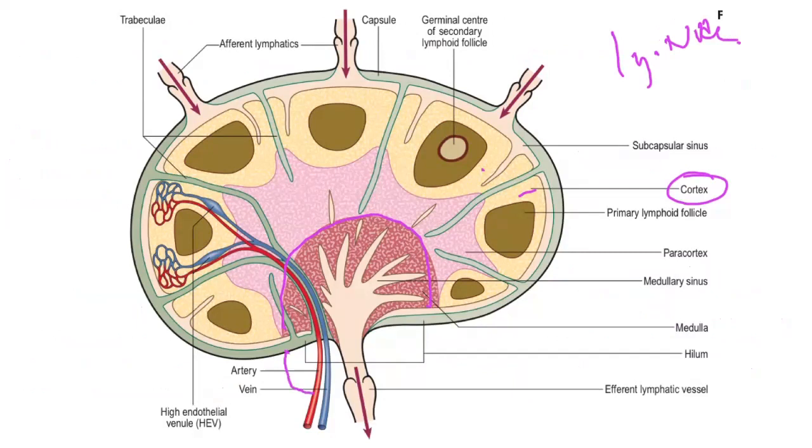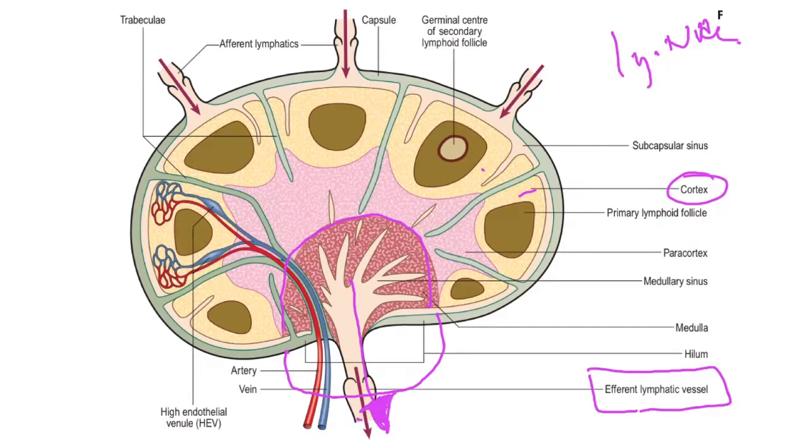Okay, this is the hilum, where blood vessels and the efferent lymphatic vessel are. That means the vessel which is exiting from the lymph node. It is taking all the lymph from here to the next node.